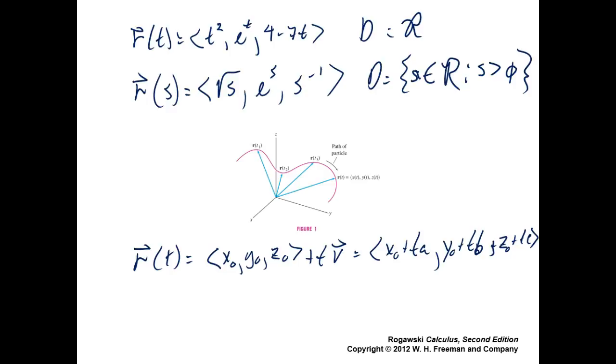But I tried to do it really quickly. Okay, what does that represent? A straight line, okay? Going through the point X0, Y0, Z0, and in the same direction as the vector V. Okay, yeah, we did that before in chapter 12. Remember? Okay.